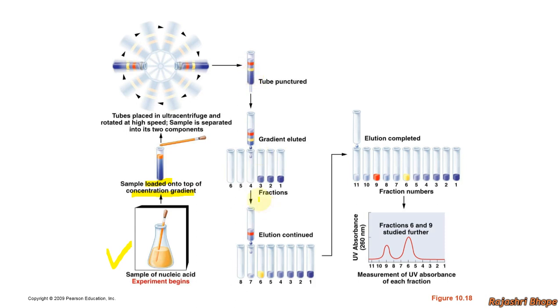Then the samples are eluted out. See, this yellow is separated in 6th tube and this red will be separated later in 9th tube, and then their absorbance is measured using UV spectrophotometer at 260.